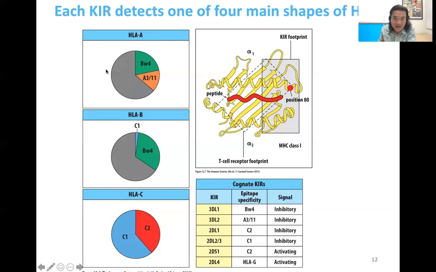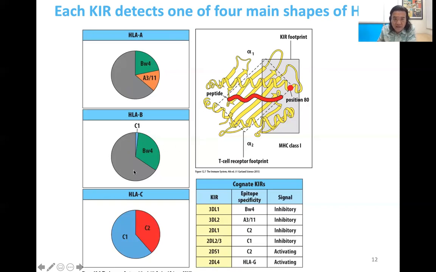But look, the reality is the vast majority of people have one of these 3 different polymorphisms. The gray one here is the majority of the population. And then maybe the second most common one is this BW4 variation. And then maybe this A311 variation, right? The other, I don't know, several hundred, if not thousand variations, aren't even popular enough to be visible as a little pie slice on here, right?